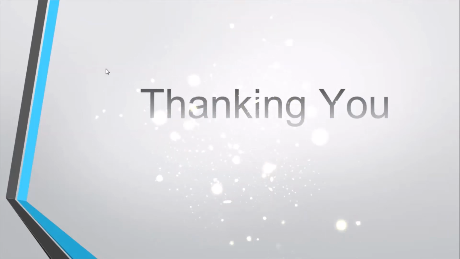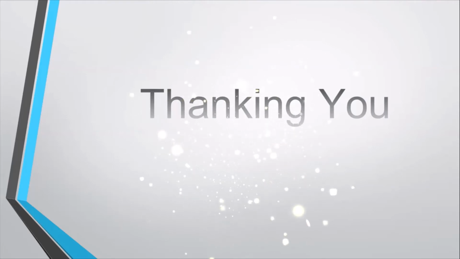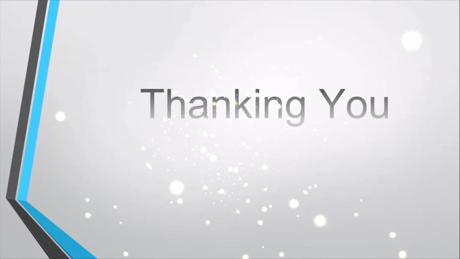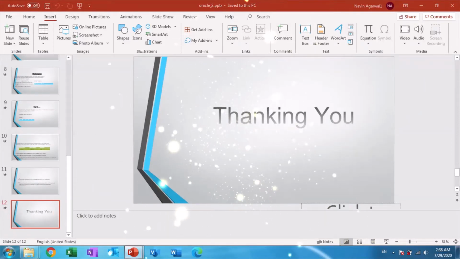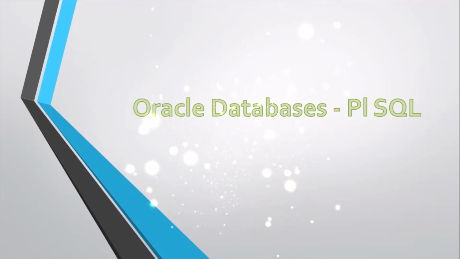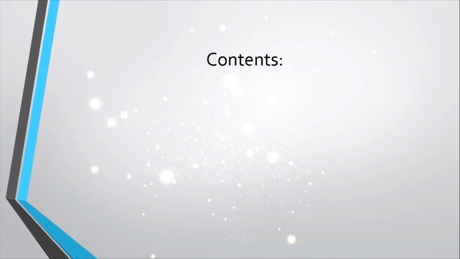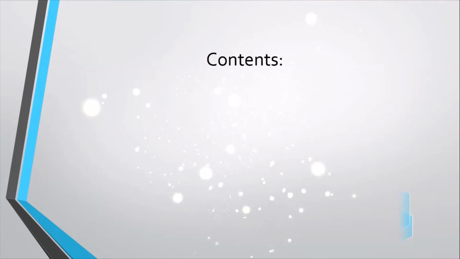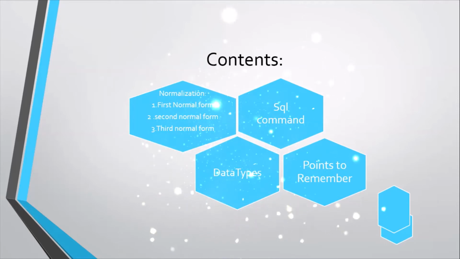Thank you, Smita. So let's do a recap now of what we have learned from this session. The subject was database SQL part 2, and we went through these contents: normalization, SQL commands, data types, and points to remember.